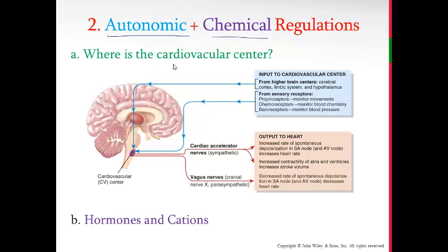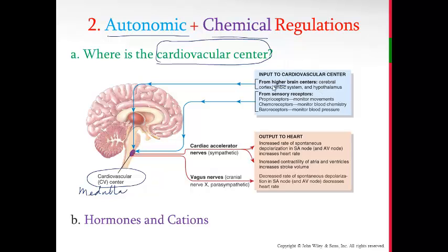We have a very important center, our cardiovascular center. Do you remember where it was? Follow here, right here. What was this place? Right, it is the medulla oblongata. There is a cardiovascular center over here, and it receives signals. Signals from where?